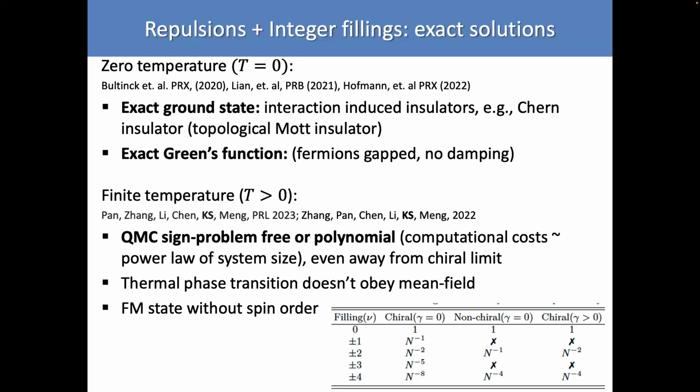But for this flat band system, we prove that for repulsive interaction and integer filling, if you use a quantum Monte Carlo algorithm to simulate the system, then the system either has no sign problem or the so-called polynomial sign problem. It basically means that we can simulate the system, but the computational cost scales as a power law function of system size, which means that we can simulate very large system sizes and arbitrary temperature with very good accuracy and very high efficiency.